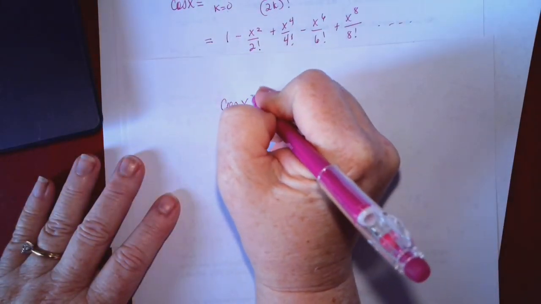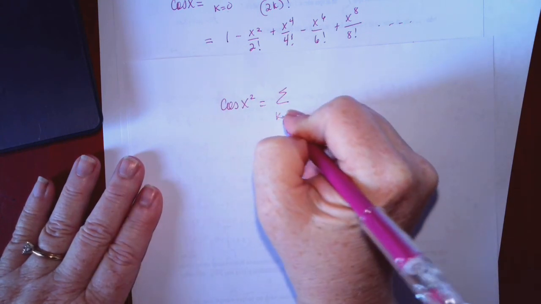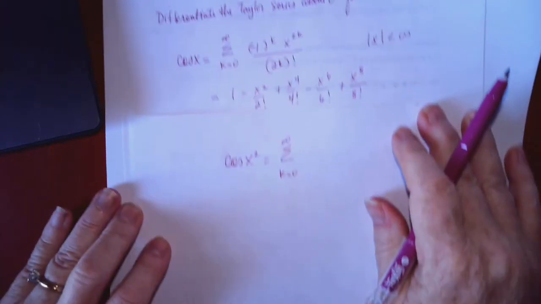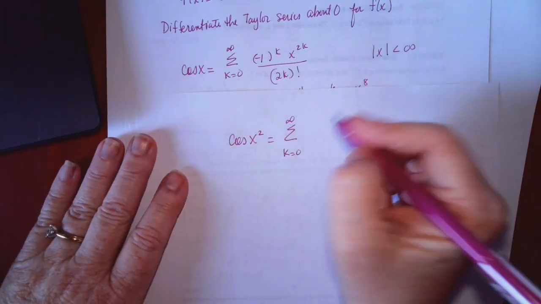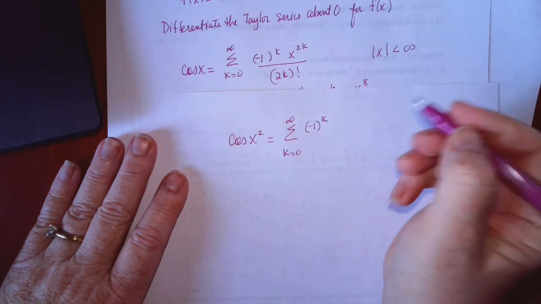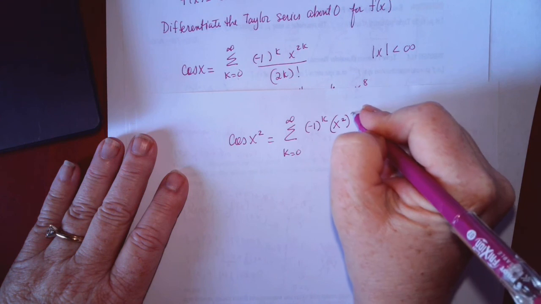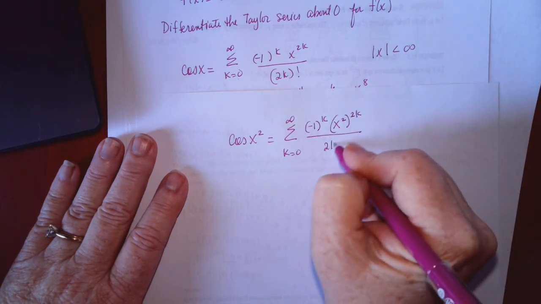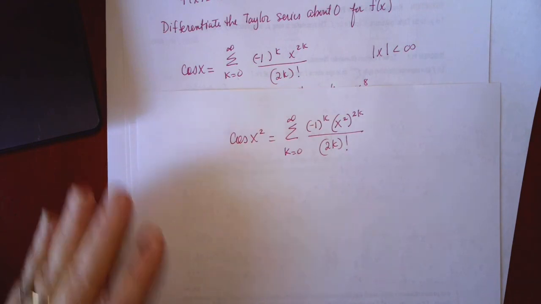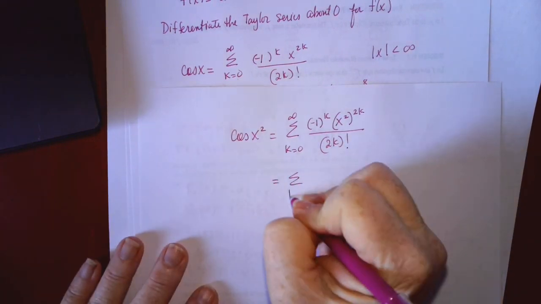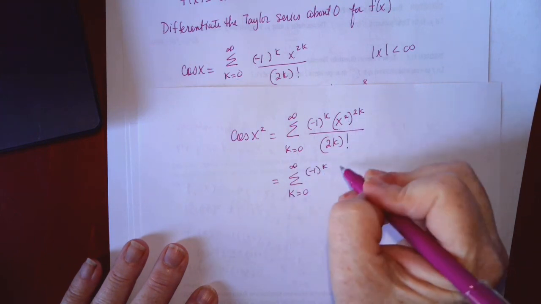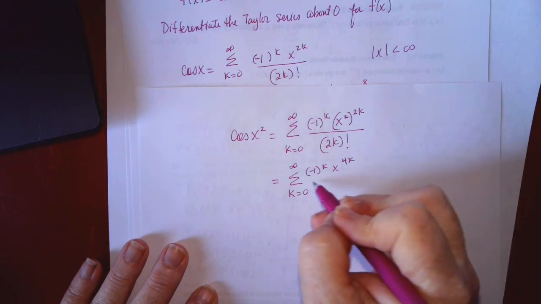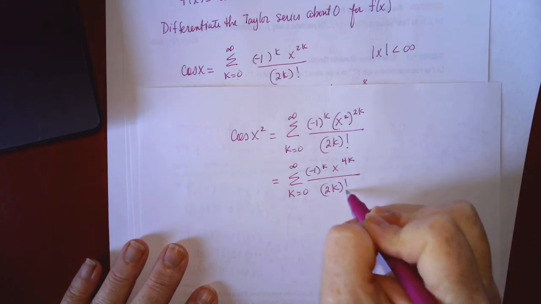What did we have? The power series representation for the cosine of x squared would be the summation from k equals 0 to infinity of, we would just replace x with x squared in the power series for cosine. So we'd have negative 1 to the k, x squared to the 2k over 2k factorial. So that would be the summation from k equals 0 to infinity of negative 1 to the k, x to the 4k over 2k factorial.